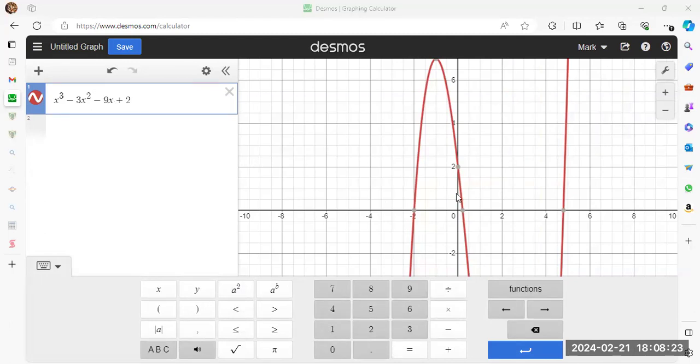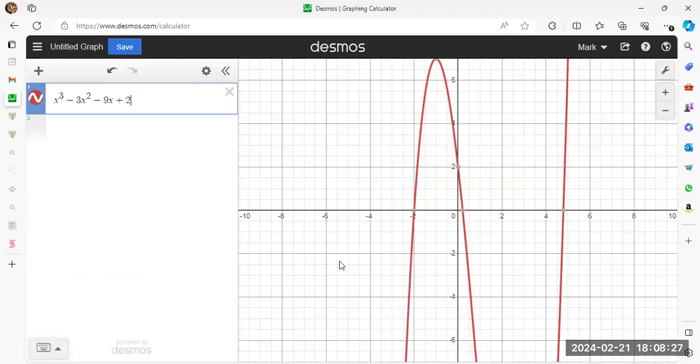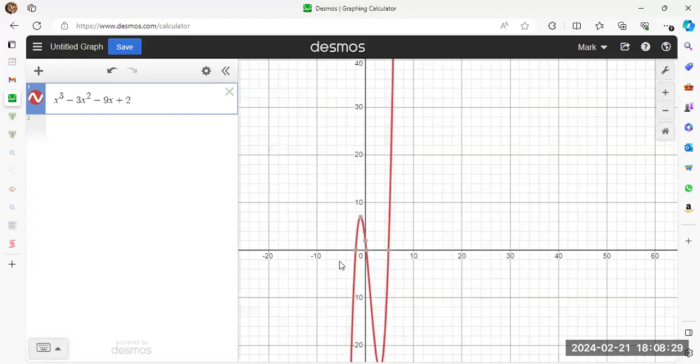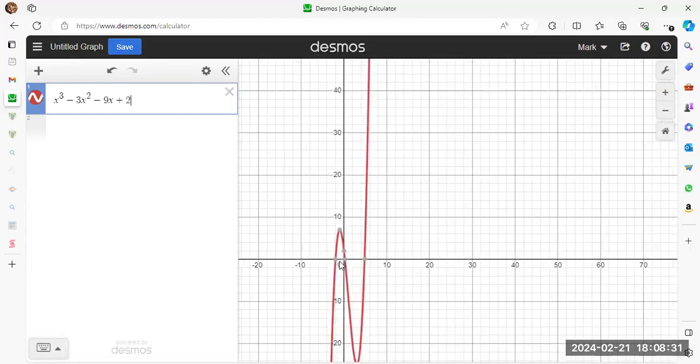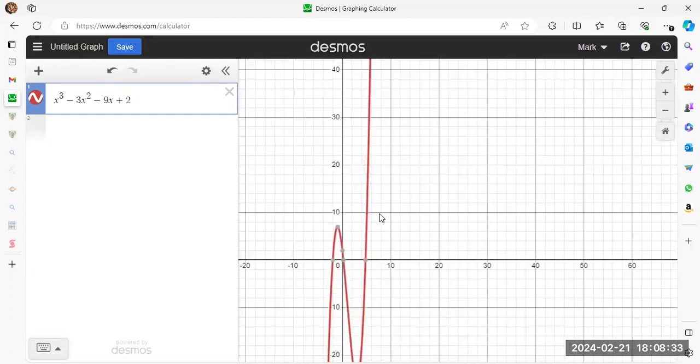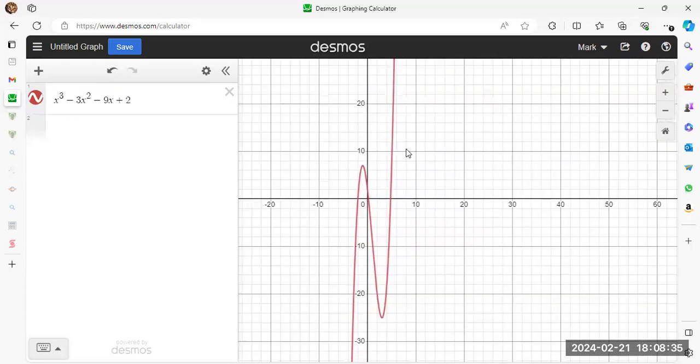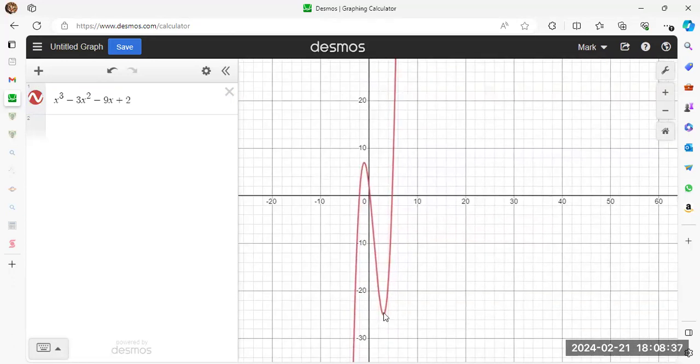All right, so let us look at it, let me hide this. You see the 3 comma negative 25 right there, and the negative 1, 7 right there, and the 0, 2 right there.